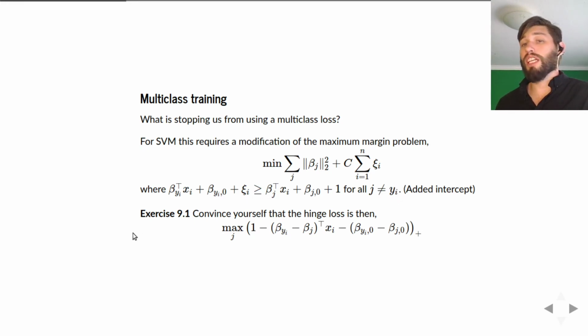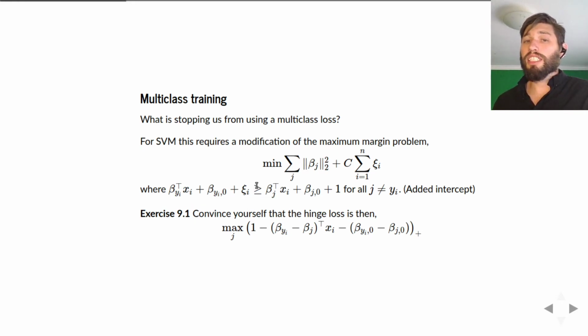If it's the true class, then it doesn't matter, right? So we have this: how much do we have to add to the decision function so that it's on the correct side of the margin.